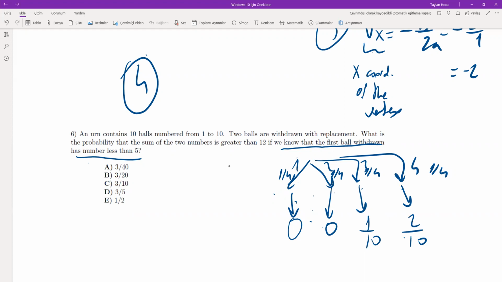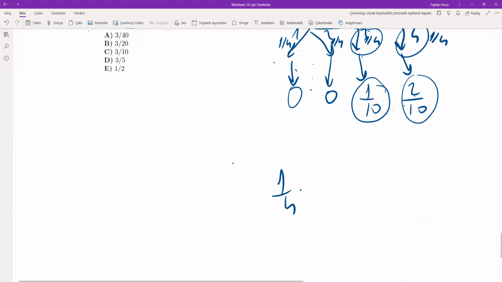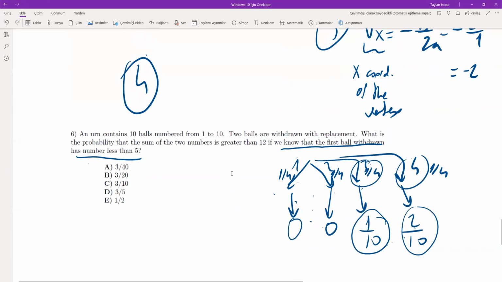So what do I do? As usual, I multiply these and add those blocks: 1 over 4 times 1 over 10 plus 1 over 4 times 2 over 10, which is 3 over 40. Okay?